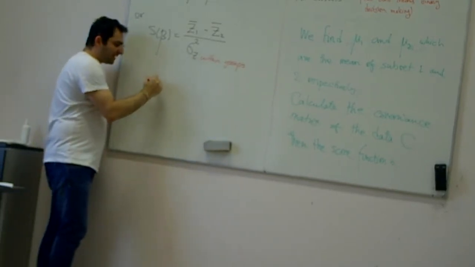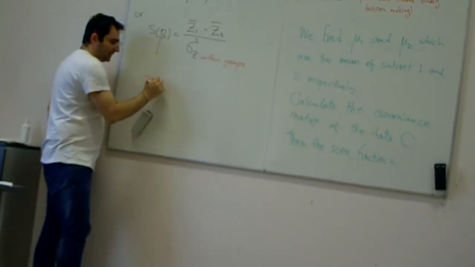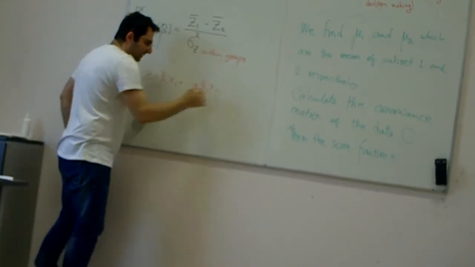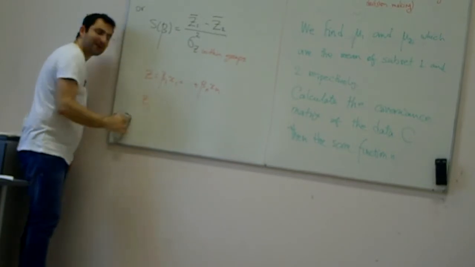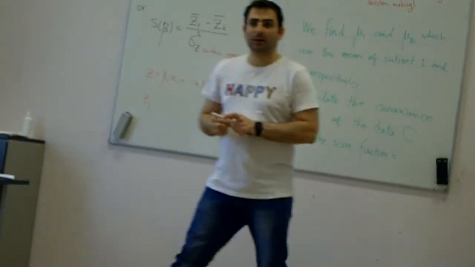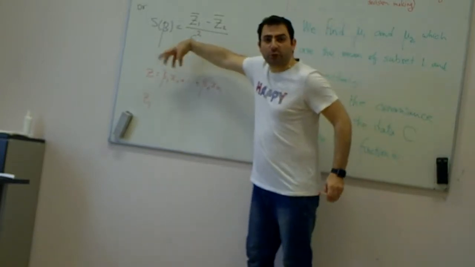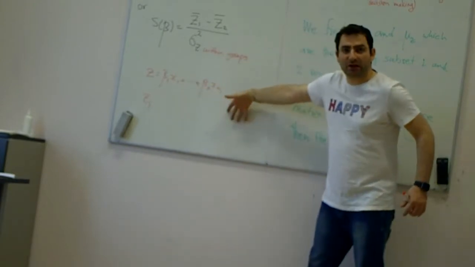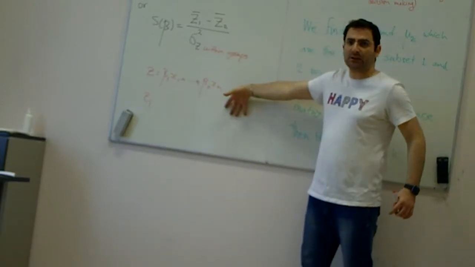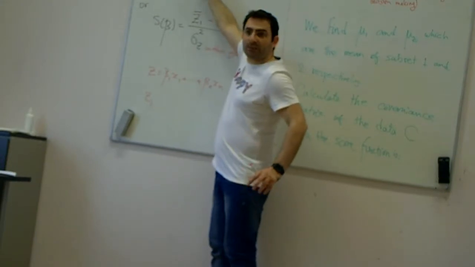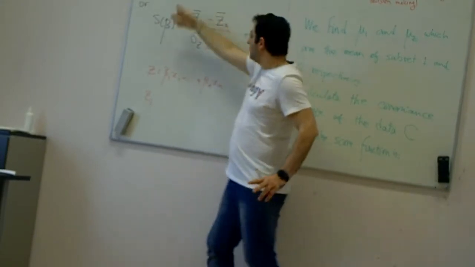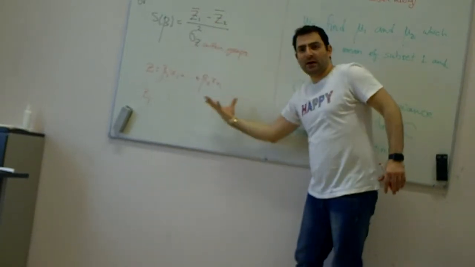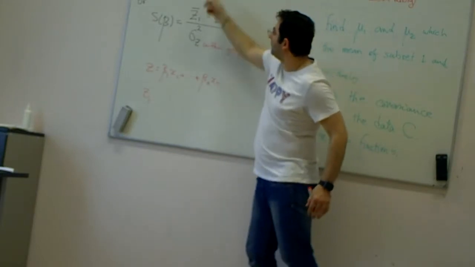You remember that we said Z is beta 1 x1 plus beta n xn. So can you tell me what you expect Z1 to be? Linear combination of those x which are in class 1. Z2 is linear combination of those x's which are in class 2. And beta multiplied by mu1 means the mean of class 1 minus the mean of class 2. So they are equivalent terms to each other.